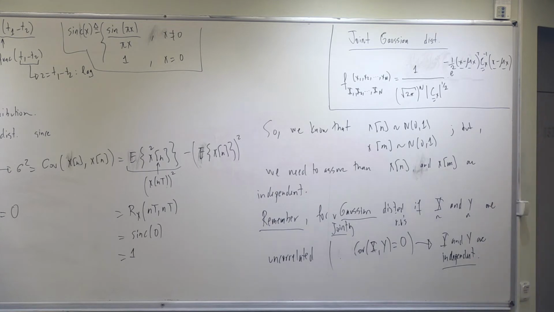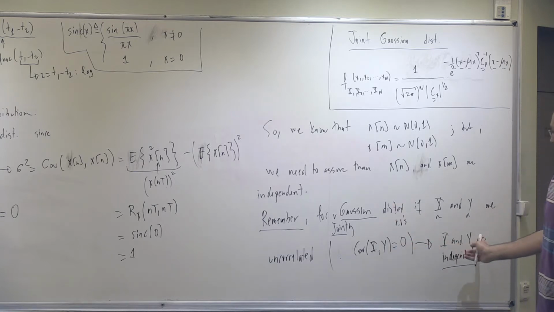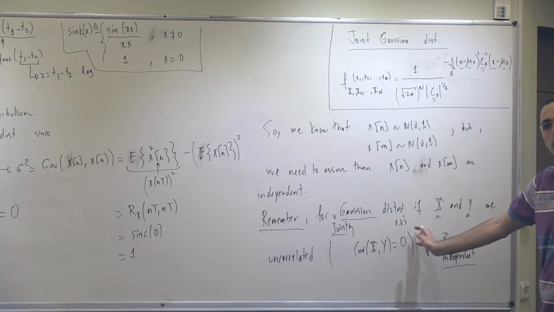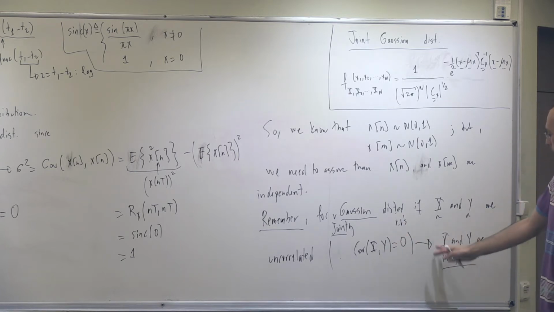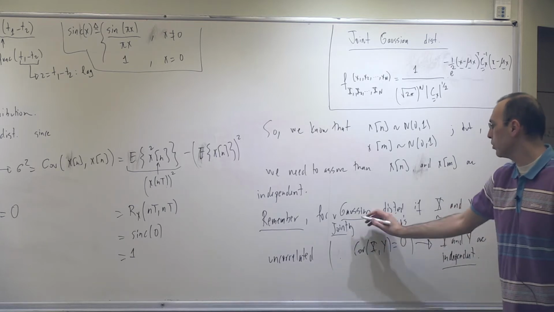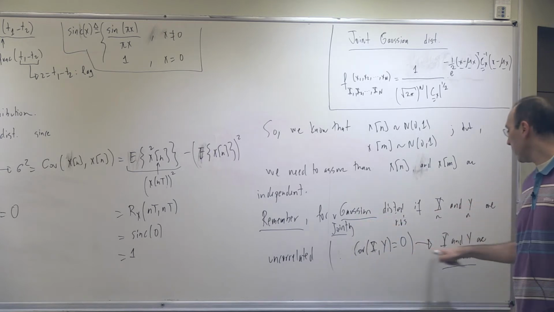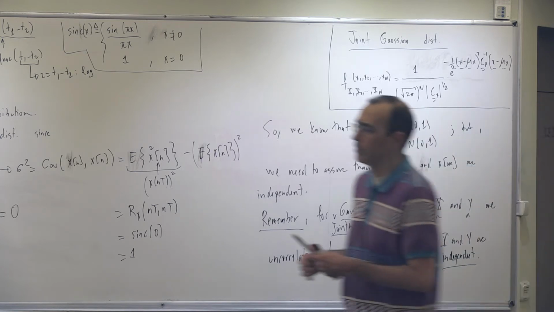The reverse implication is that if X and Y are independent, they're always uncorrelated. We always have a case like that. But only for Gaussian distributions, if you have Gaussianity and uncorrelatedness, then independence is also guaranteed.